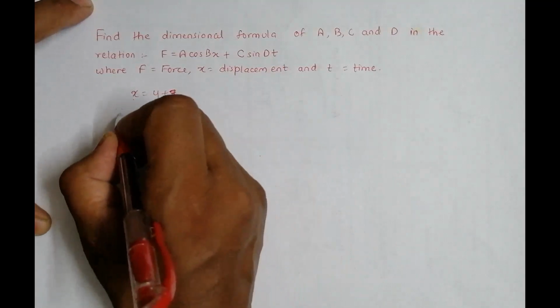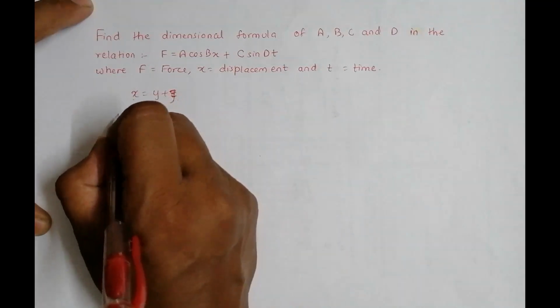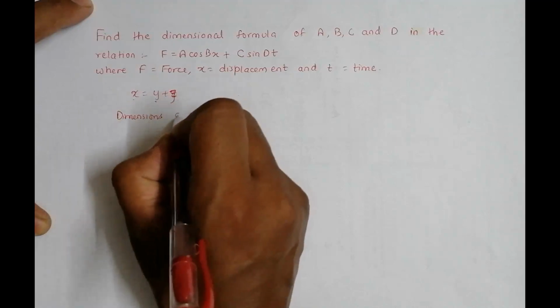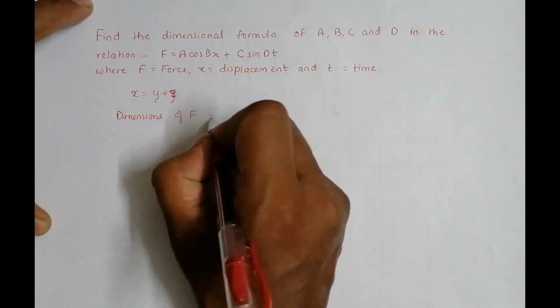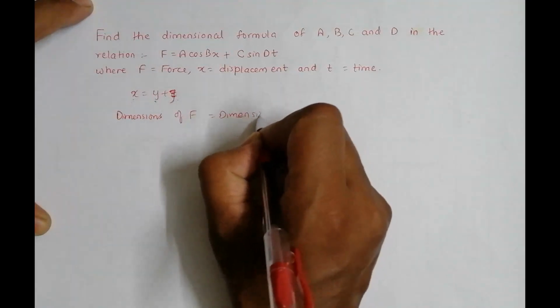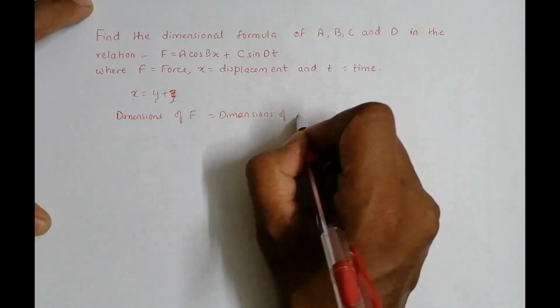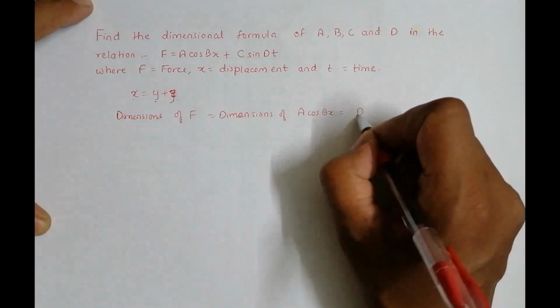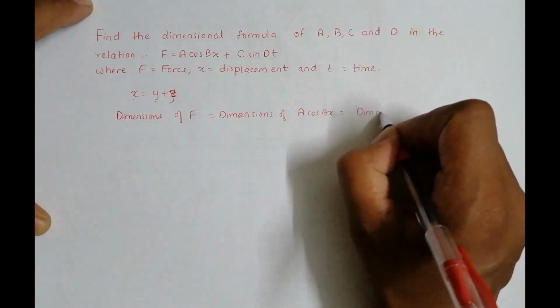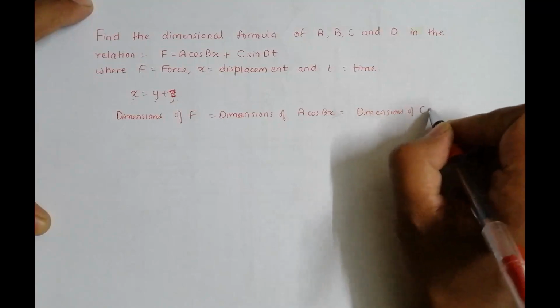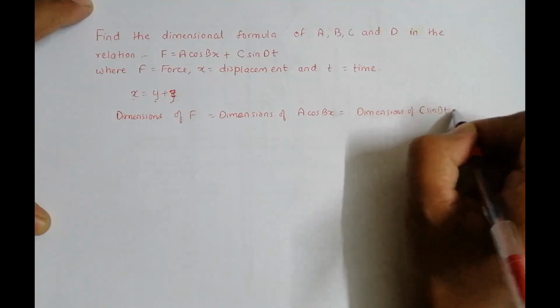So that means the dimensions of F should be equal to the dimensions of A cos bx, and it is equal to the dimensions of C sin dt.